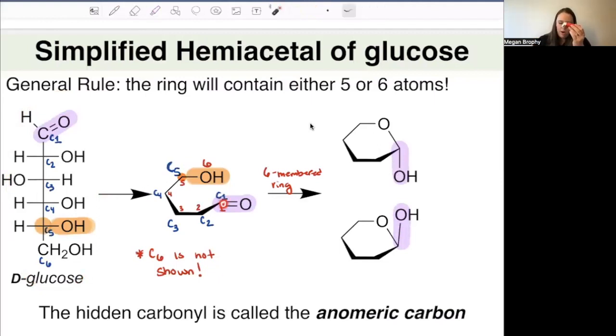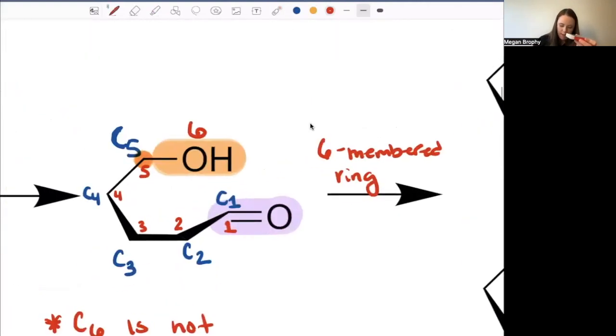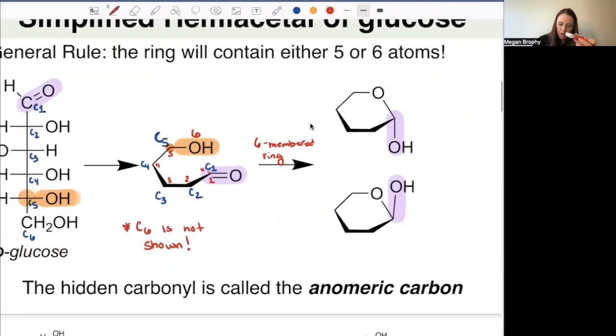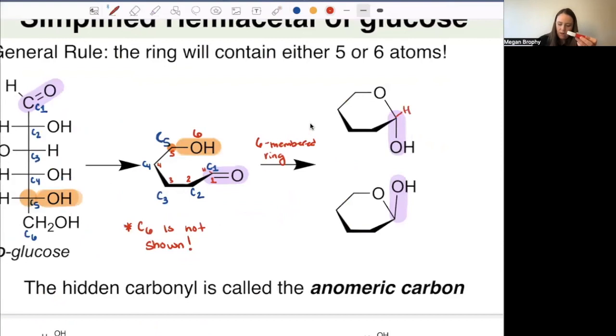we're taking our trigonal planar carbon and making it a tetrahedral carbon. Remember that there is a hydrogen here, and we don't have it shown, but that hydrogen is still present in the final ring.